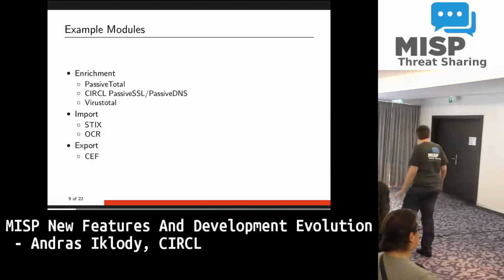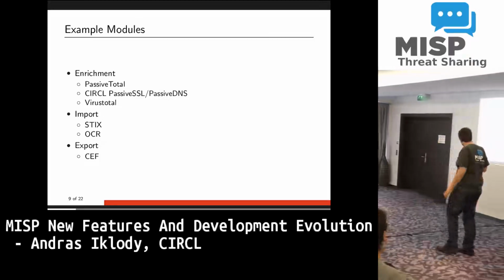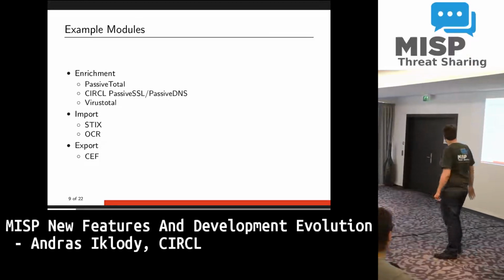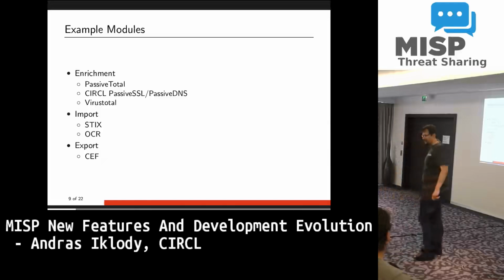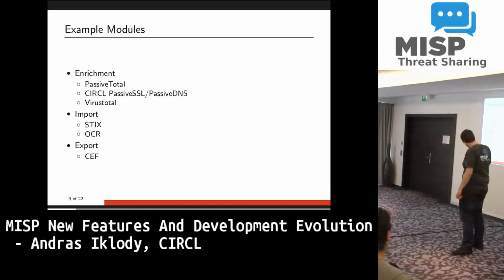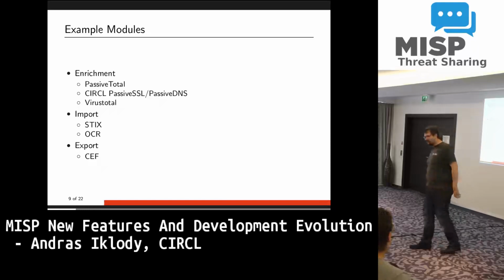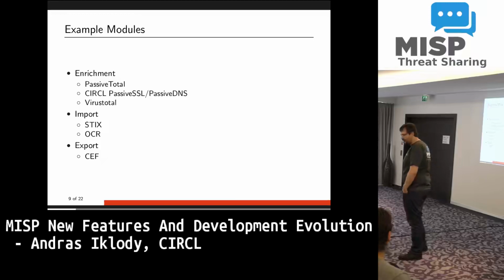Okay, so for import and export, one of the first things we got was a simplistic STIX module. We're going to get something more complex than that in the near future when we refactor an external tool that we have. Another thing that Alexander did during a hackathon was the OCR module.